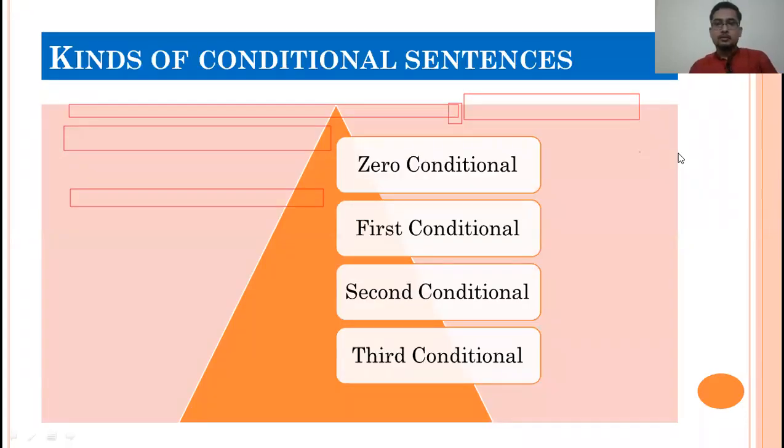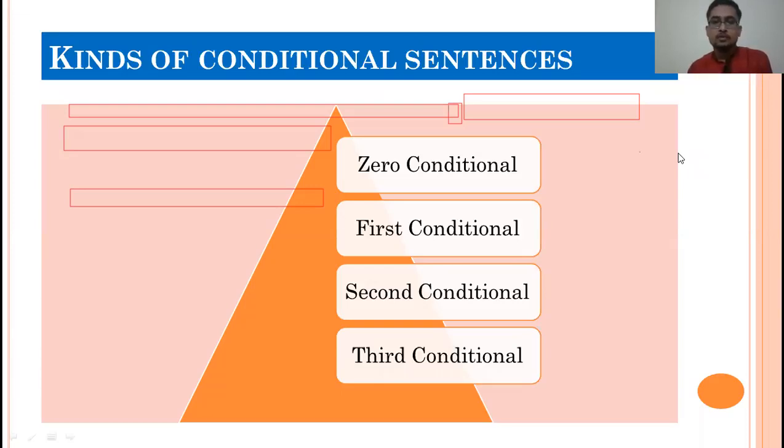Okay, so here we see the kinds of conditional sentences. Conditional sentences are of four kinds. Some grammarians say the conditional sentences are of three kinds, like condition of probability, condition of improbability, and condition of impossibility.